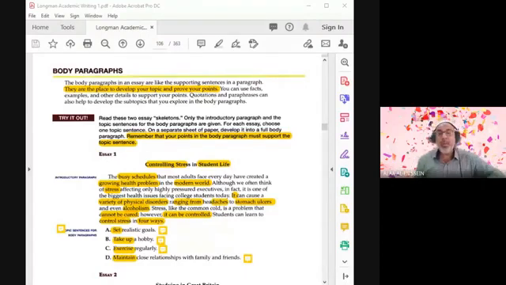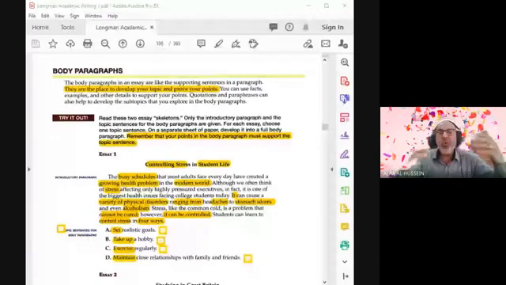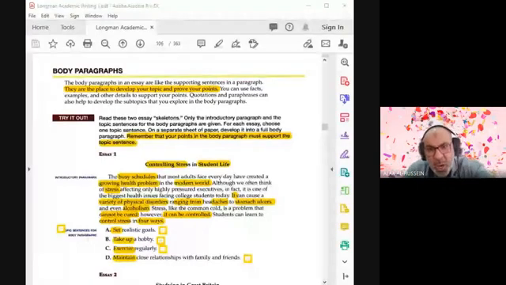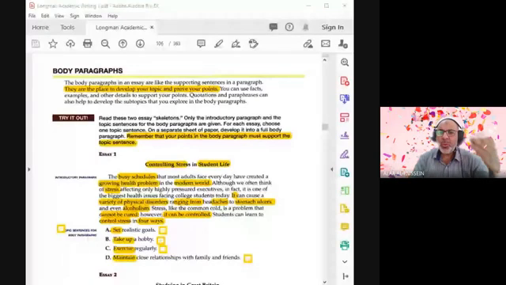And the general statement doesn't mean one general sentence. It could be 3 sentences, could be 4 sentences that introduce the topic to our readers. Okay, it could be 1 sentence, 2 sentences, 3 sentences, 4 sentences, but don't write more as general statements.